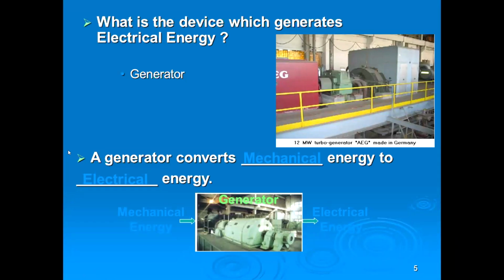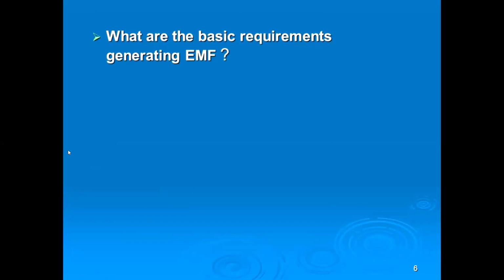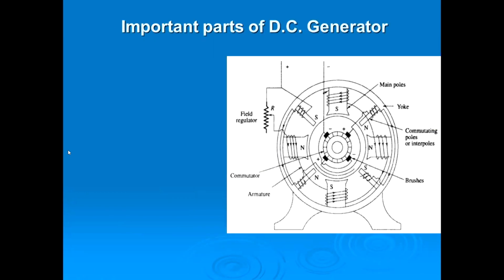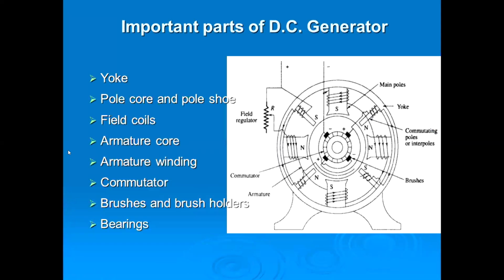So conductor, magnetic field, and relative speed. These are the major parts of a DC generator. So this is the cross-sectional view of the DC generator.